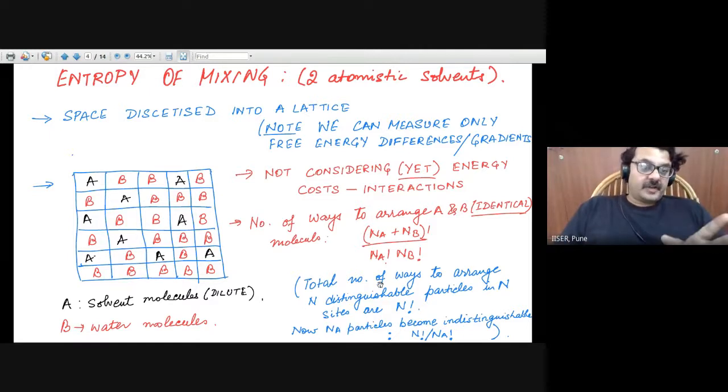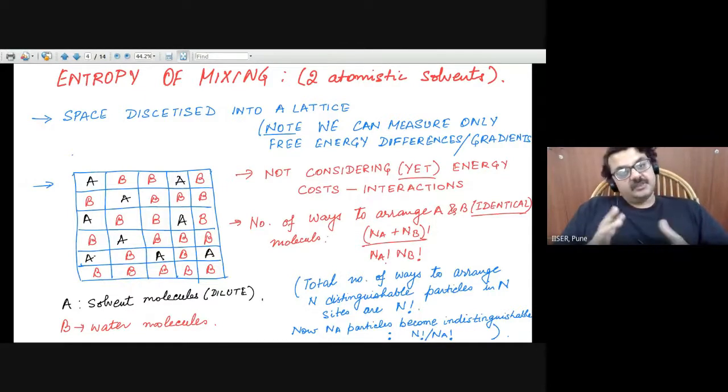But if all n of these particles were absolutely identical, so suppose there was no A or B, there was only B, and there were n B particles, then you could interchange all of these n particles and you would reach the same state. So the total number of ways you could have n indistinguishable particles in a lattice with n sites is n factorial divided by n factorial, because you can interchange any of them, which is 1.